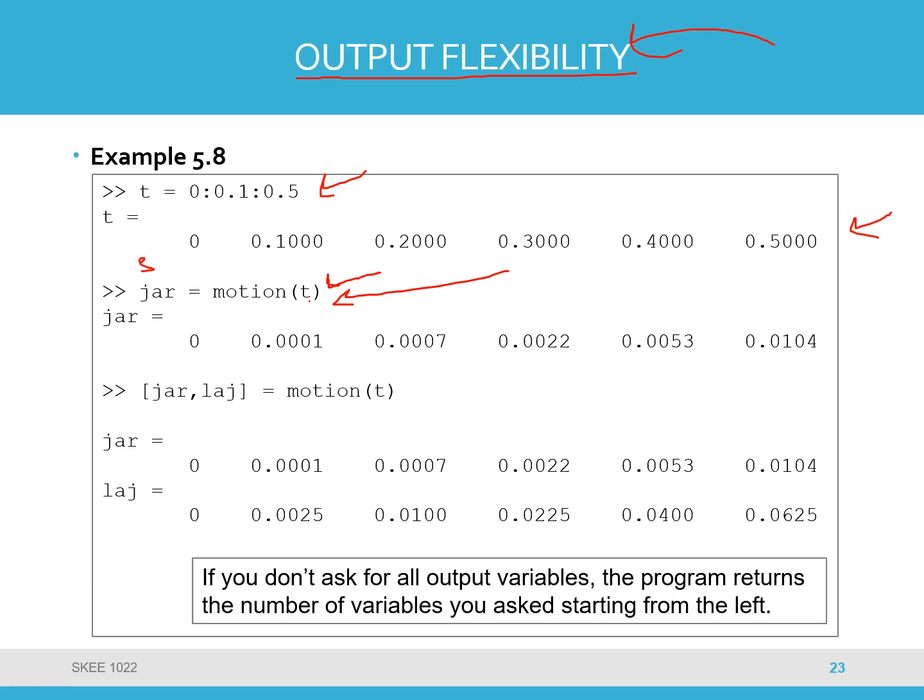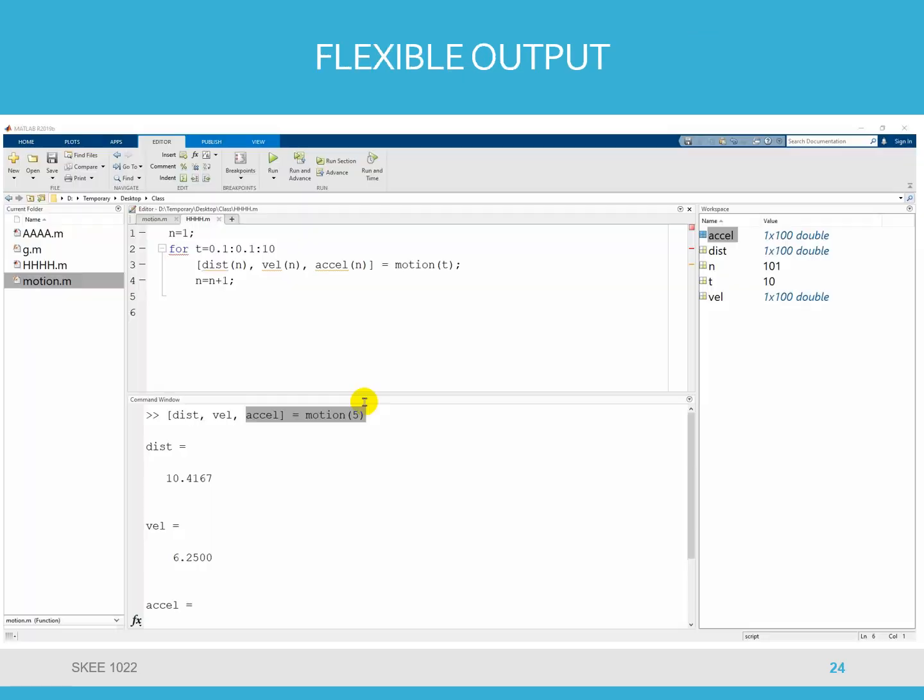For flexible output, you can see here the output should be 3, but right now you just put 1. What it means is that it will call back the first variable, the most left. If you put 2, it will start from the first left, second left, and the third is just ignored. This is the flexible output.